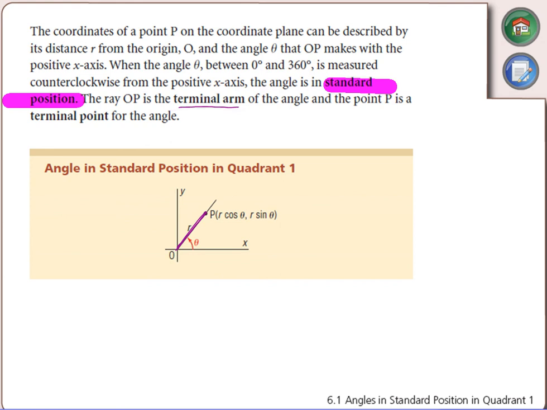So that's going to be our terminal arm now. So as soon as you see the words standard position in any question, all it's doing is telling you the rules that you're playing the game by. And that's start at the positive x-axis and go counterclockwise from there. Also, bring your triangle back down to the x-axis. Always to the x-axis, never to the y-axis for standard position.